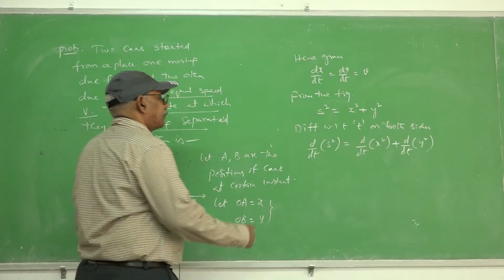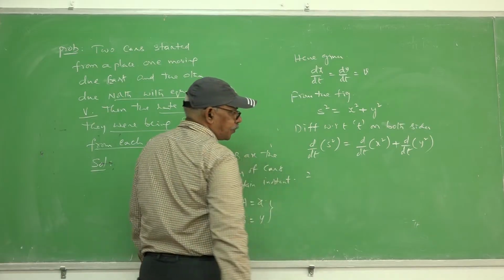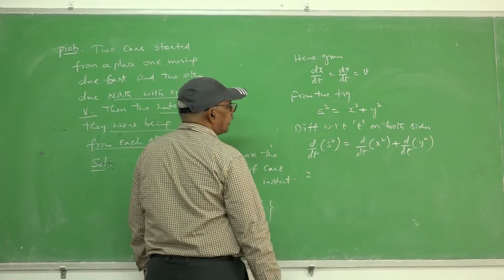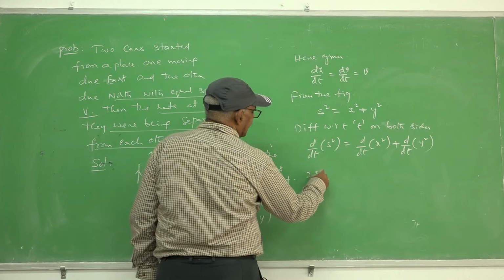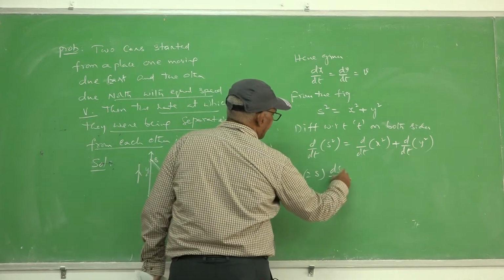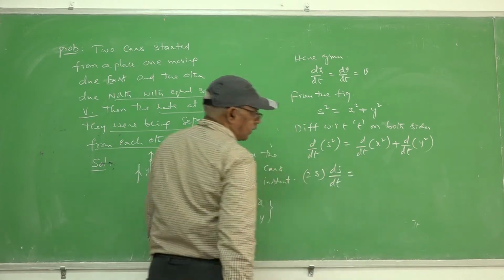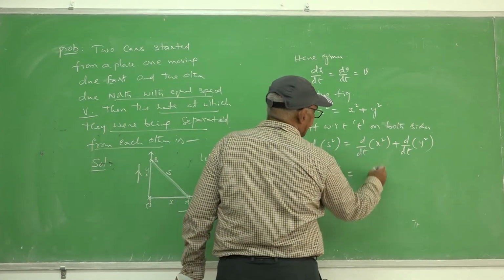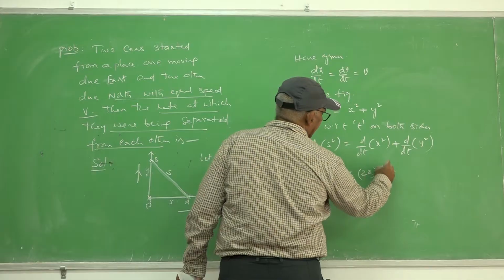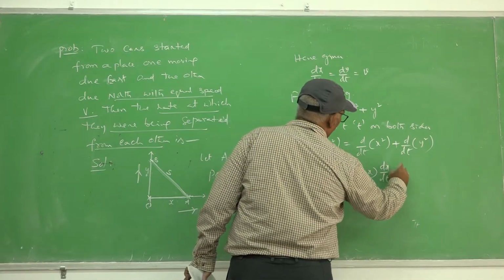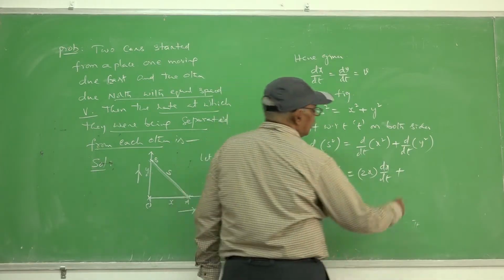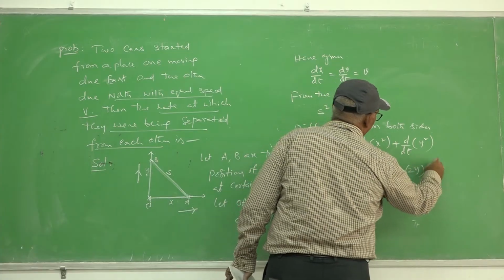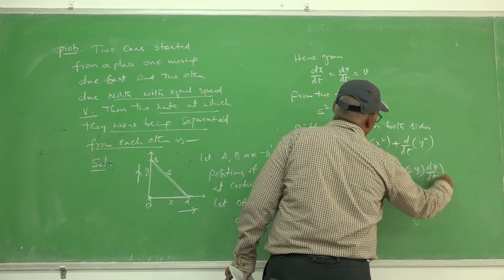That is 2s into ds by dt equals 2x into dx by dt plus 2y into dy by dt.